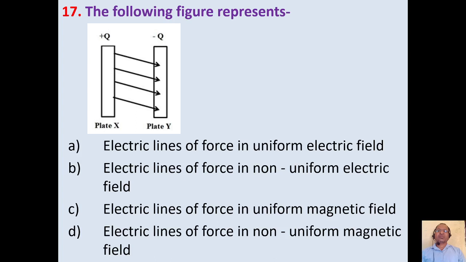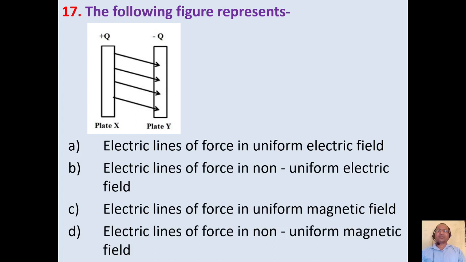A figure is given, we have to find out the following figure, what does it represent. So here two plates are given, X and Y, positive charge on plate X, negative charge on plate Y. Electric lines of force are shown here, direction of electric lines of force from positive charge to negative charge. So all the electric lines of force are parallel to each other.